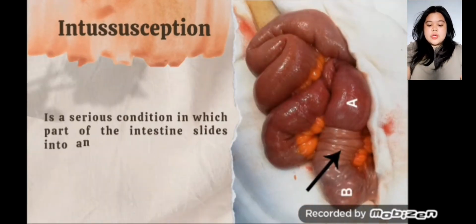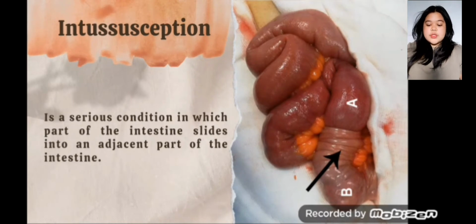And lastly is the intussusception. Intussusception is a serious condition in which part of the intestine slides into the adjacent part of the intestine. This telescopic action often blocks food and fluid from passing through the intestine.